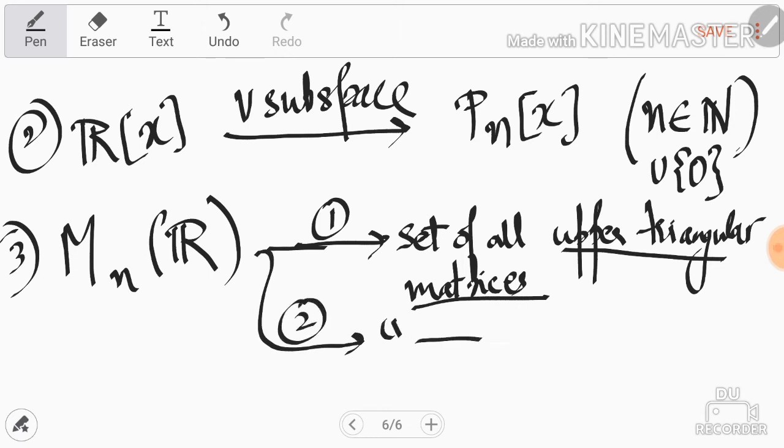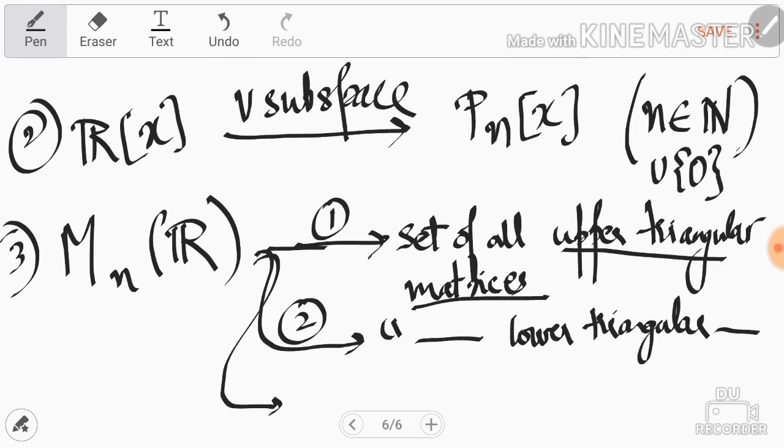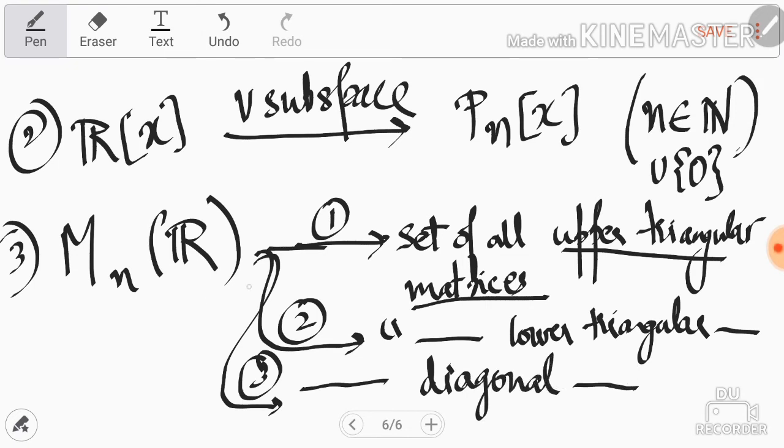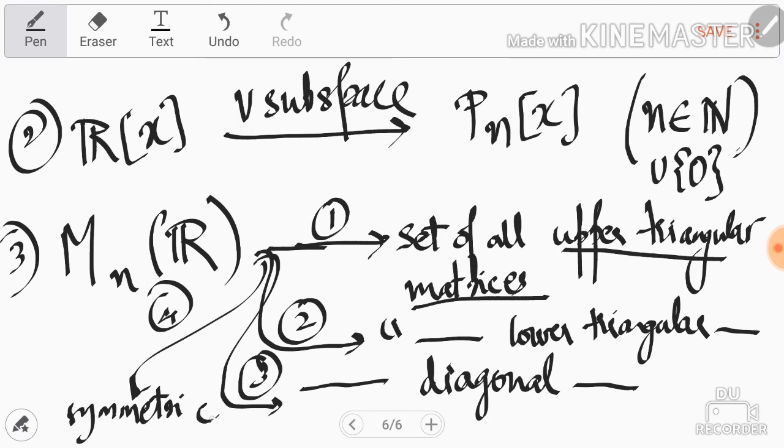Even for that matter, the set of all lower triangular matrices as a subspace, and we can have the set of all diagonal matrices as a subspace. We can have the set of all symmetric matrices and also skew symmetric matrices as a subspace.